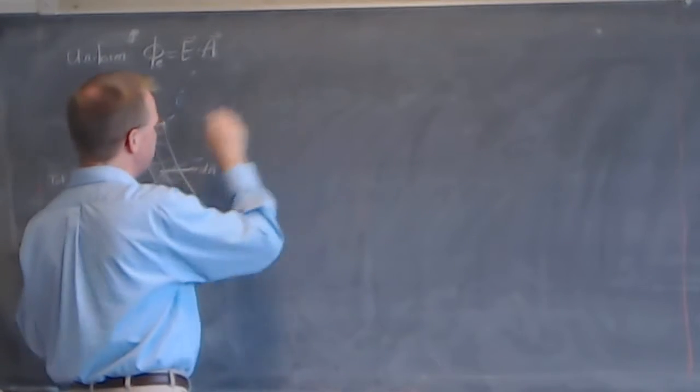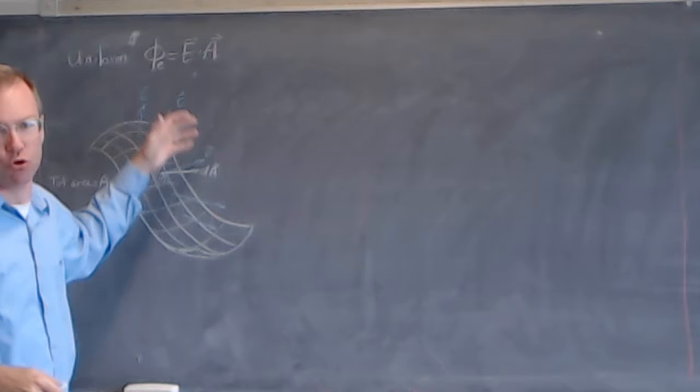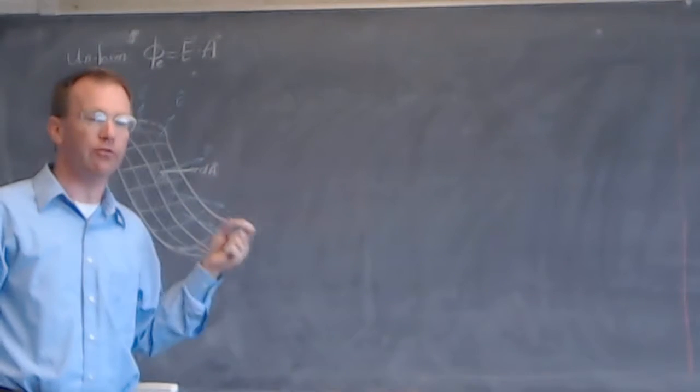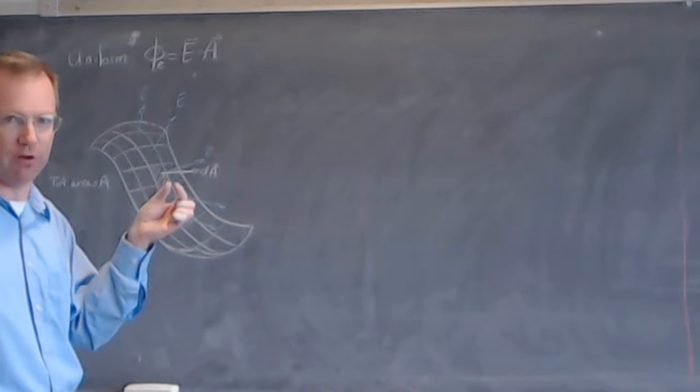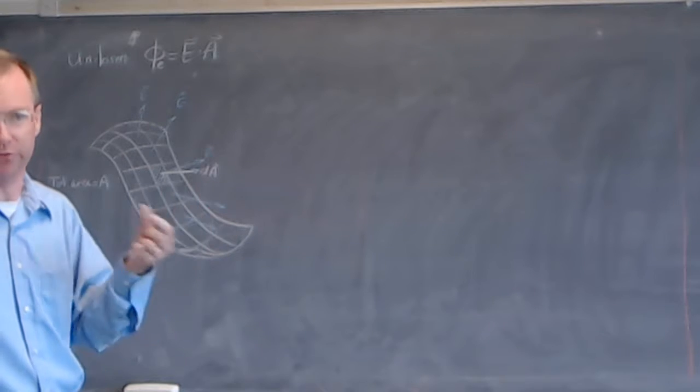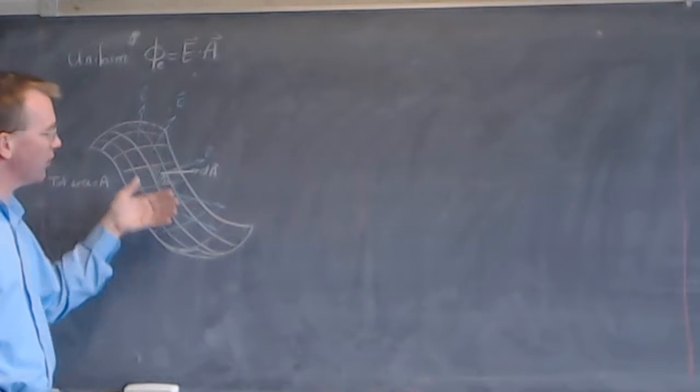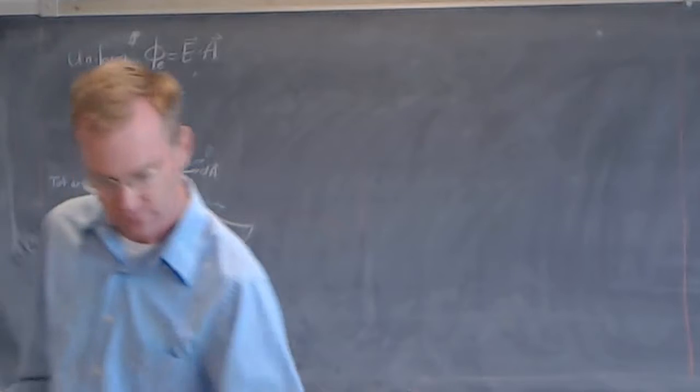So in this case then, I want to add up the total flux. The total flux is the sum of the little bits of flux, d phi, through each one of these pieces of it.